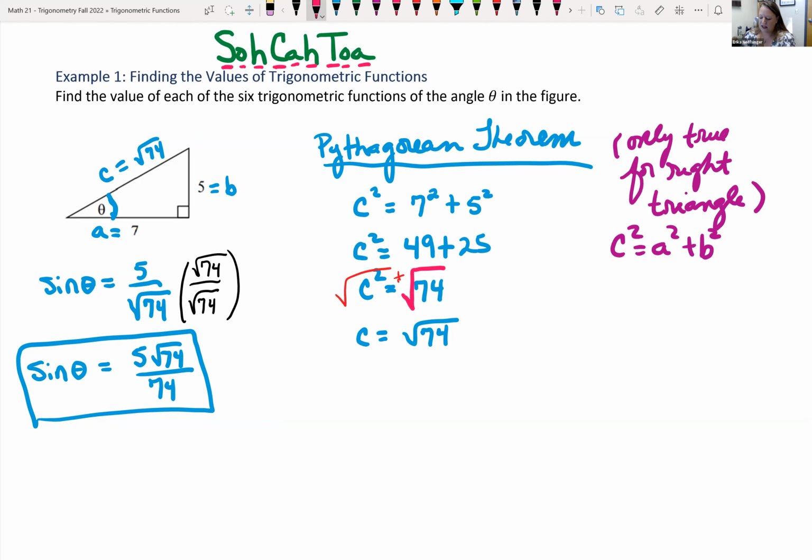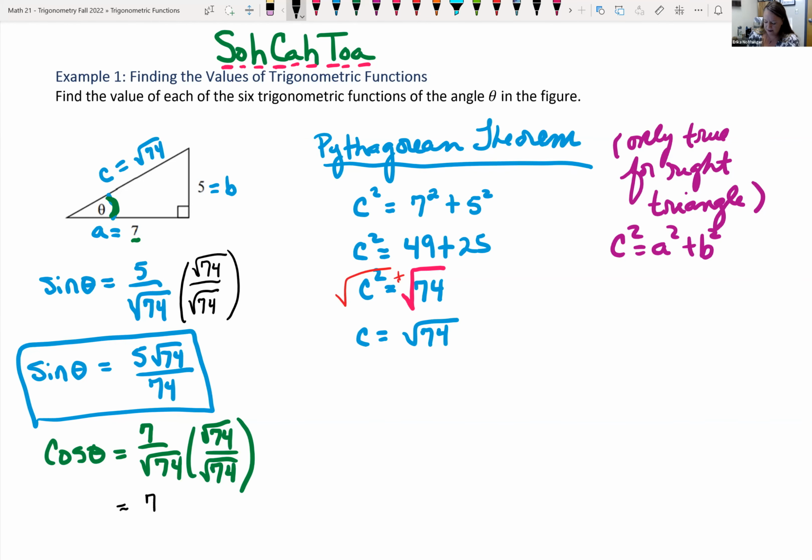So I know, looking at this SOHCAHTOA, that cosine of theta, this is the adjacent side of theta, so adjacent is 7, all over hypotenuse, which is the square root of 74. So quickly rationalizing my denominator, multiplying by my fancy one, square root of 74 over square root of 74, this gives me 7 square root of 74 all over 74.